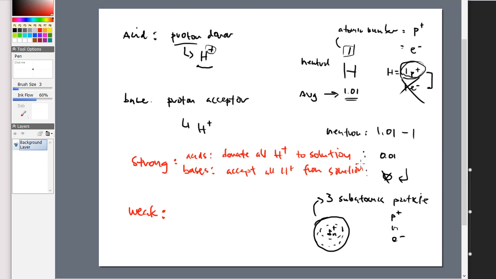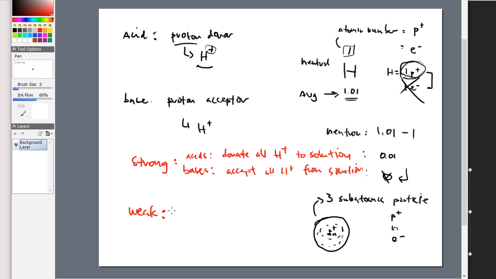We don't need to go to the movies this weekend. We don't need to go out and eat this weekend and spend $200 on a fancy dinner that you're just going to probably poop out tomorrow. Down the toilet goes the $200. Stay away from Ruth's Chris Steakhouse. Well, those are weak acids.